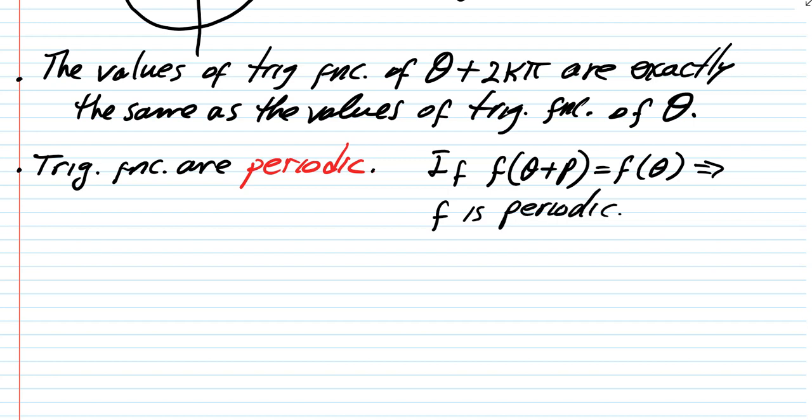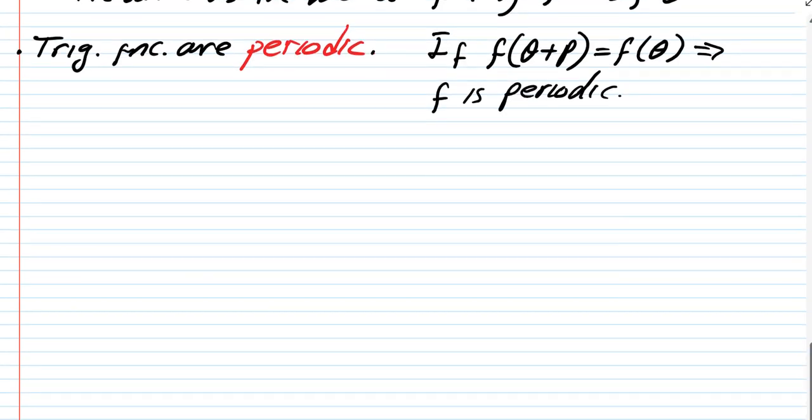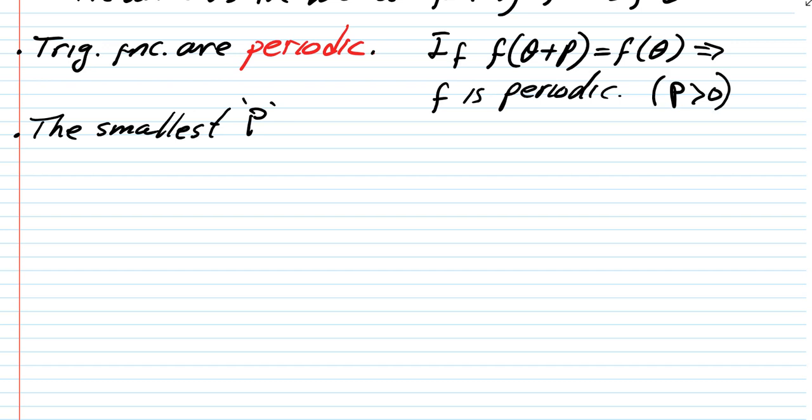So all six trig functions are periodic, means they repeat themselves. The values of trig functions just repeat themselves beyond a certain point. Okay, now the smallest of the p's that are in here, if they exist, the smallest value of p here, and p, by the way, is a positive number here.